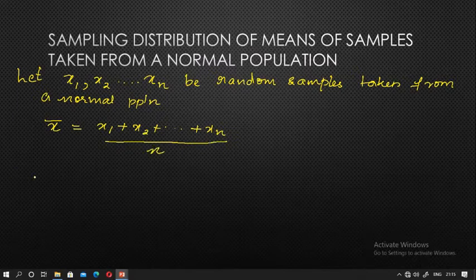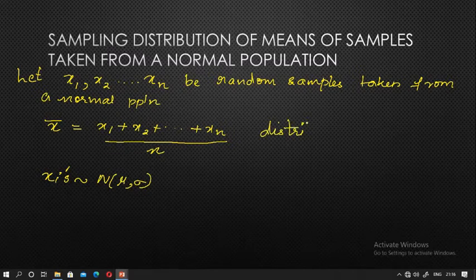Here we have the information that our samples are taken from a normal population. That means the xi's in general follow a normal distribution with mean mu and standard deviation sigma. Now we are asked to find out the distribution of x bar.